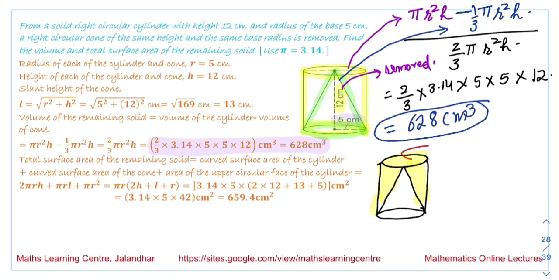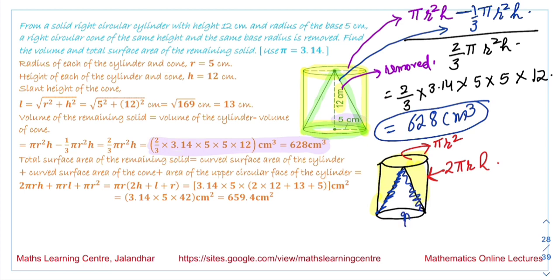If we calculate the area of this circle, it is pi r square. The lateral area of the cylinder is 2 pi r h. Then we will have the inside area of this conical portion.